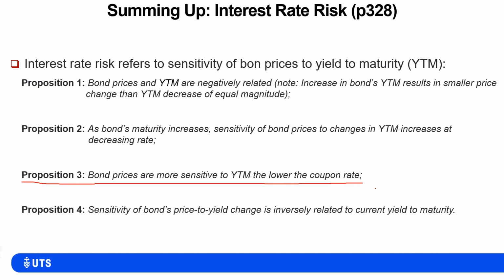As a result, because we know that the principal payment term has the highest sensitivity to changes in interest rates, and we are placing a higher weight on the most sensitive term, the lower the coupon rate, the higher the price sensitivity.